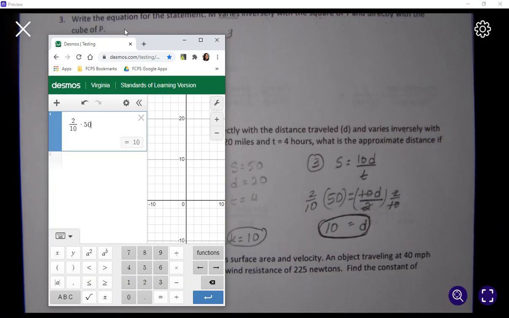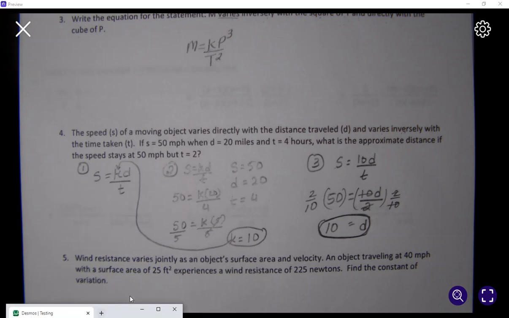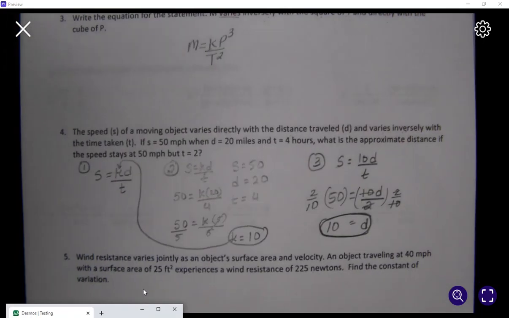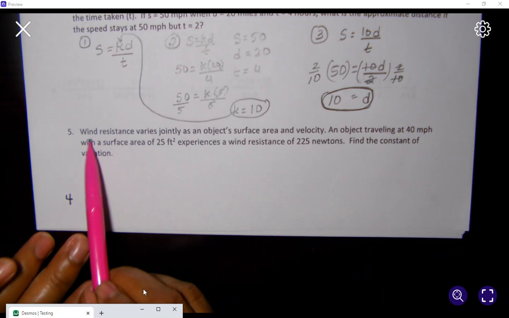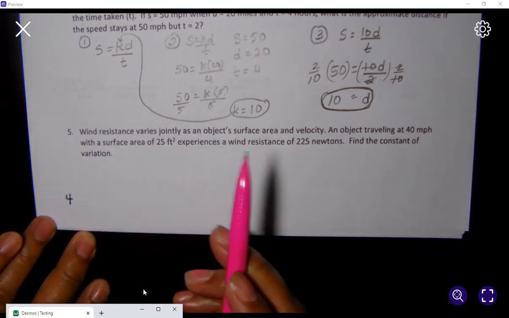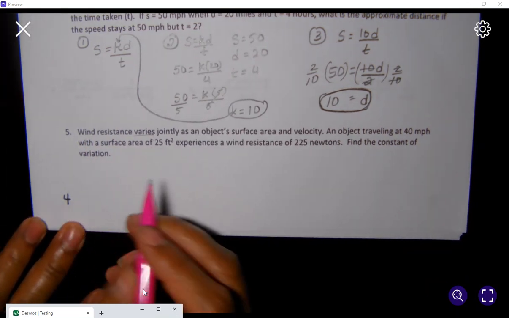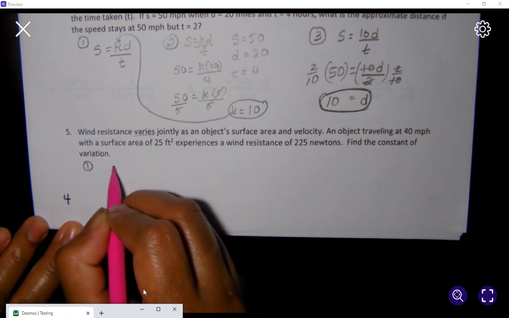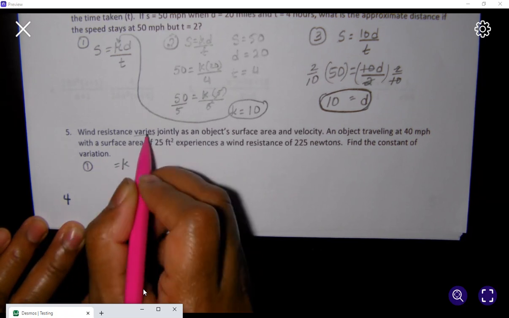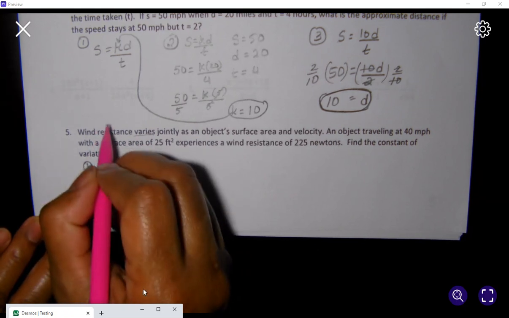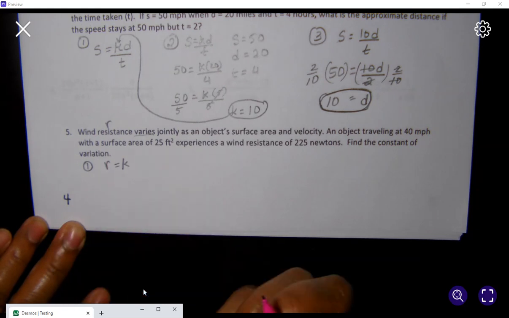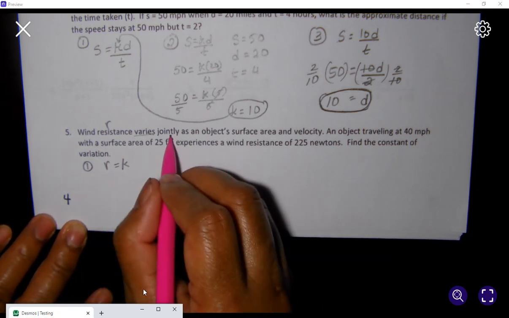Okay. All right, last example. Number 5. When resistance varies, so here's my keyword here, varies, so equals k. What equals k? The resistance equals k. I'm just going to use R for resistance.